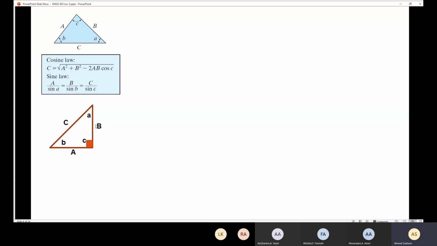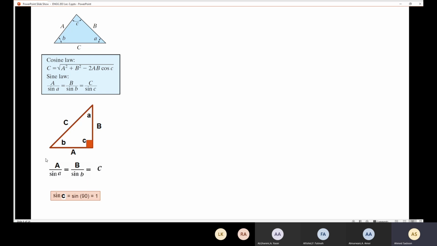In that case, using the sine law is going to be easier. We say a over sine A equals b over sine B equals c over sine C small. But C small here is equal to 90, and sine 90 equals 1.